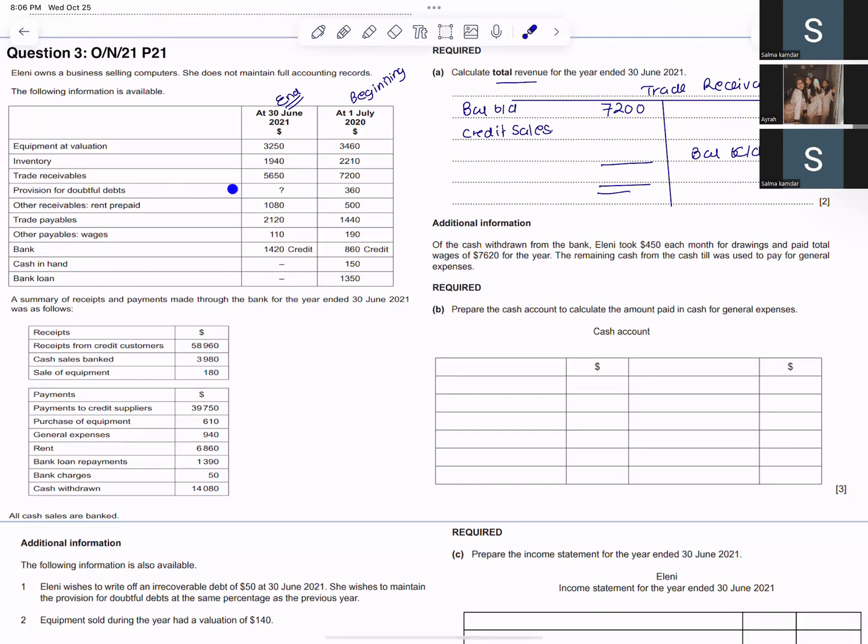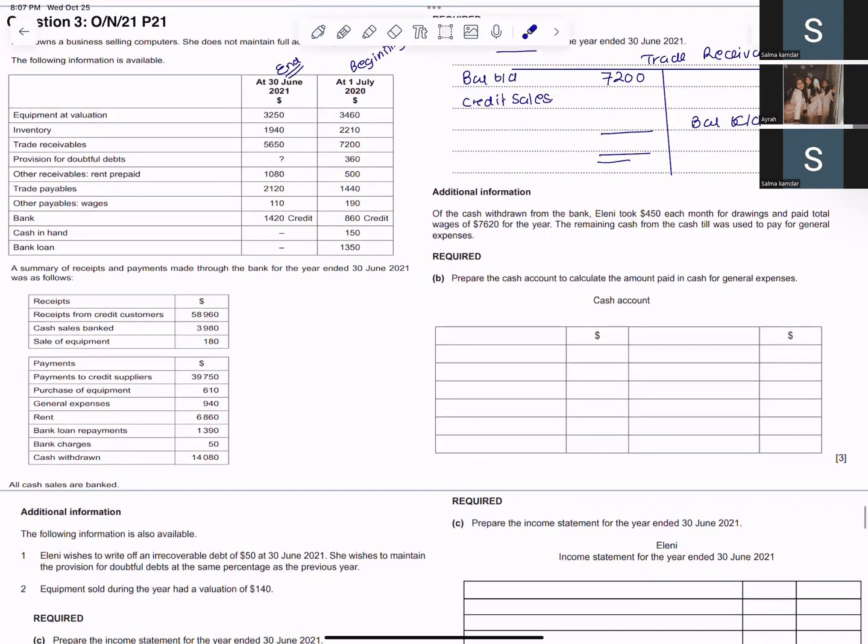Then I have provisions. I have rent prepaid. I have trade payables. I have other payables. I have bank account. Do I need bank account when I want cash account? No. Do I need cash account? Yes.